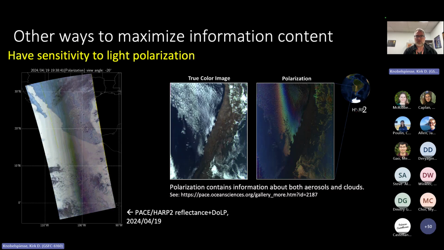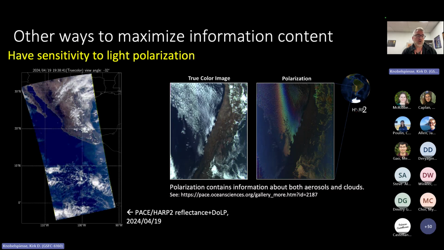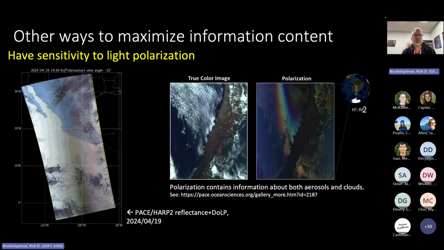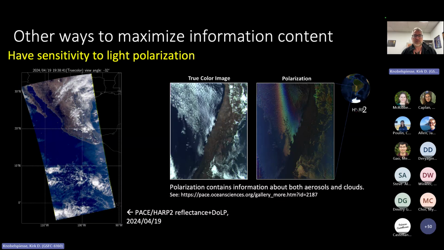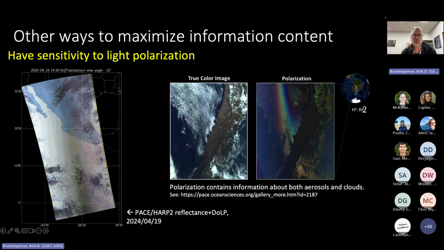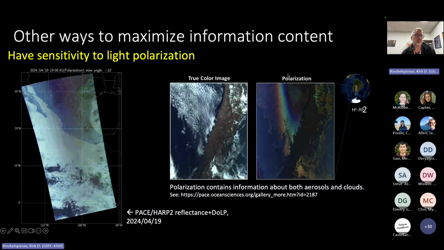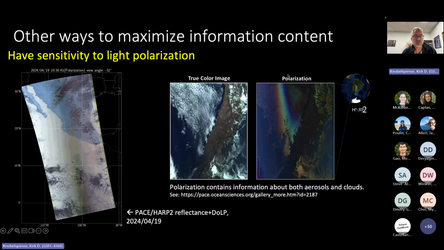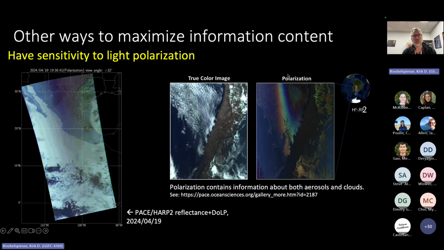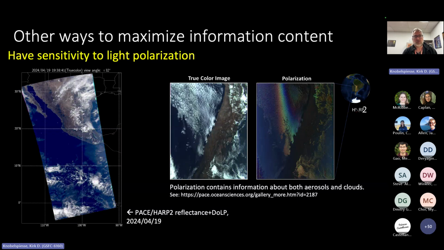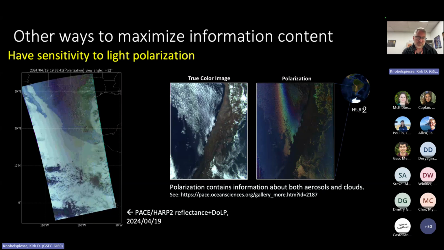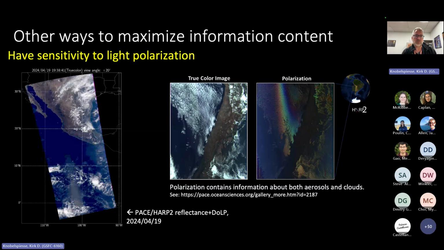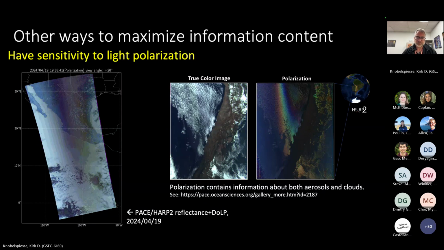A rainbow would be off rain droplet sized particles, but off of smaller cloud droplet sized particles, you create a similar phenomenon that looks like what's shown in this image at the right here. This is a useful piece of information because it tells us very precisely the size distribution of the cloud droplets. And so this is something that we're making use of with the HARP2 instrument.